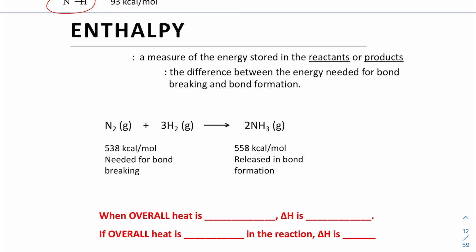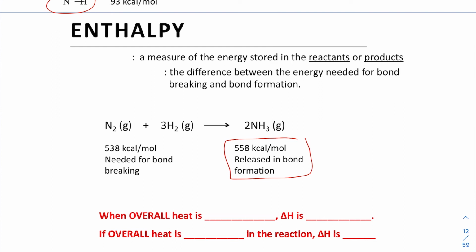Okay, now overall, what will happen is you're going to look at these two numbers and say, well, which one's bigger? And obviously the 558 is bigger. So what that means is that overall this reaction is going to release more energy than it absorbs. I'm going to say that again. Overall, this reaction is going to release more energy than it absorbs.